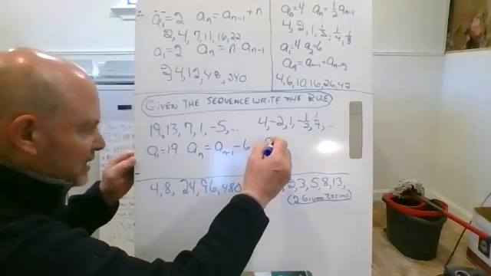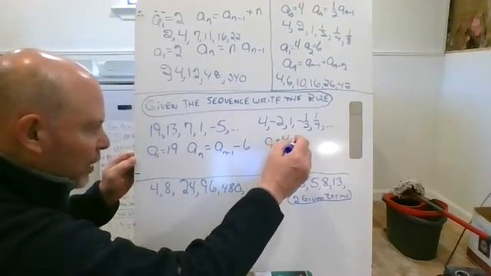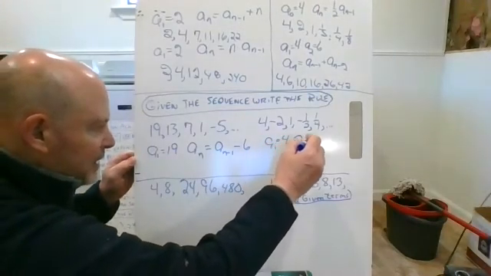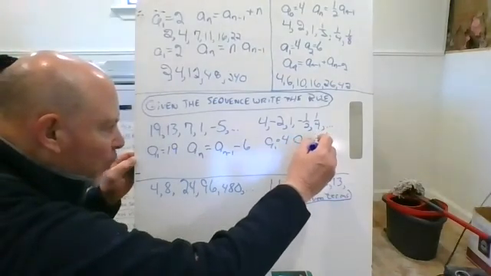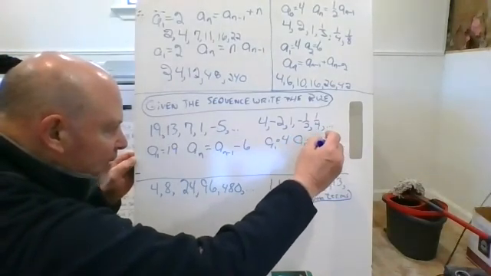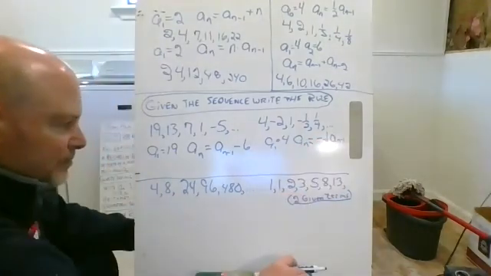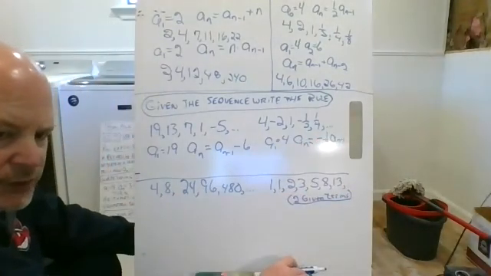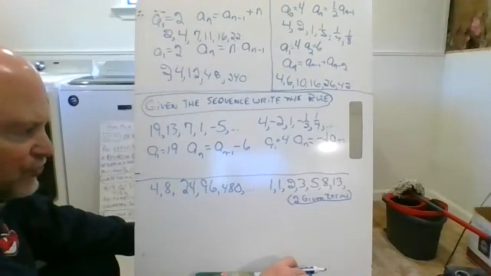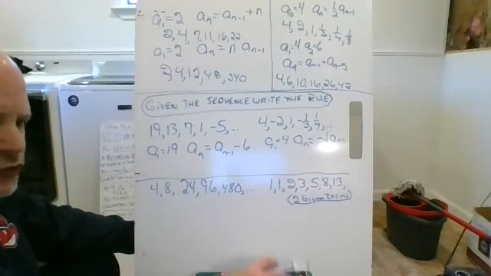And so our a sub 1 is 4. Our a sub n is -1/2 times our a sub n minus 1. That's what a geometric recursion formula looks like. So I gave you two easy ones.